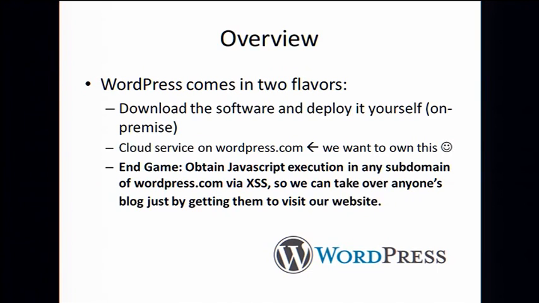We're talking about WordPress.com, and that's very different because you can only add a pre-existing set of templates, and you can only use a pre-existing set of plugins. So it's very locked down in comparison with the version of WordPress you just download, although you can obviously configure your downloaded version of WordPress to be the same. So our end game here is to obtain JavaScript execution in any subdomain of WordPress.com.